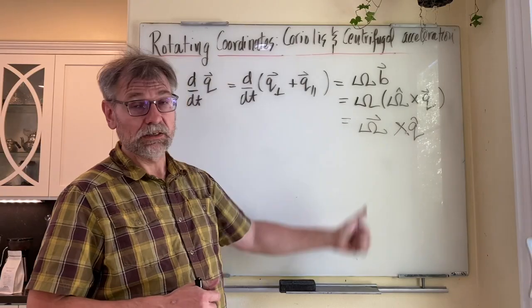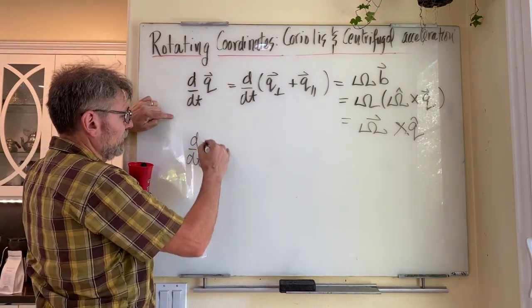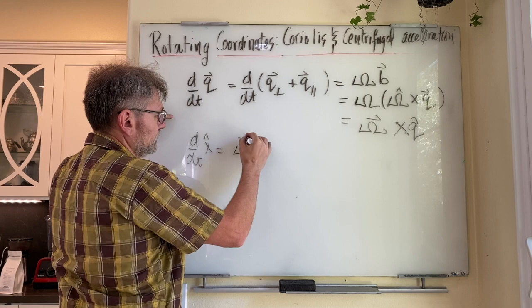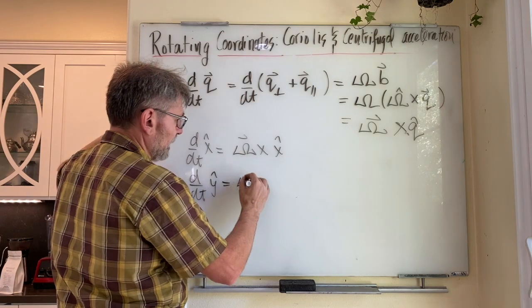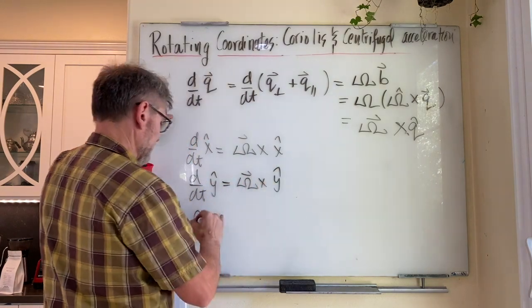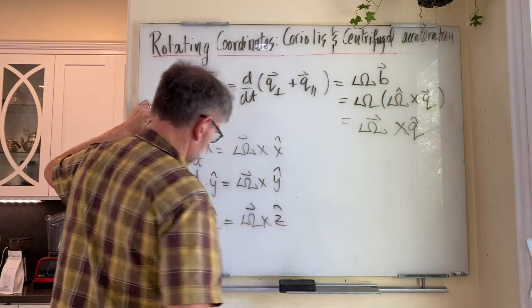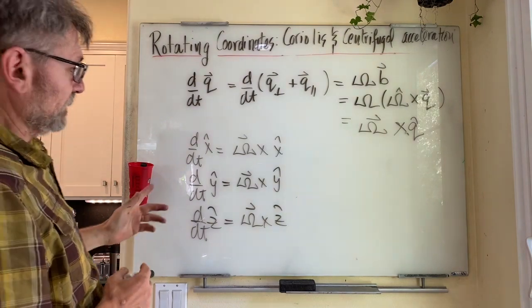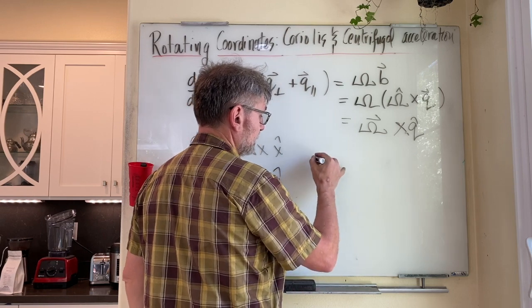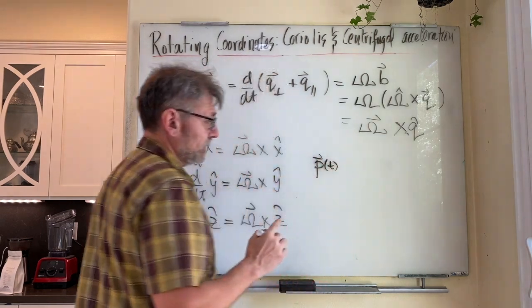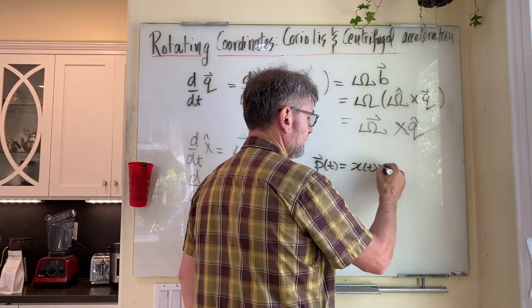All right, use this rule to find the derivative of my coordinate vectors. So d by dt of x hat is going to be omega cross x hat. And d by dt of y hat is going to be omega cross y hat. And d by dt of z hat, you guessed it, is omega cross z hat. So that's convenient, because now if I pick an arbitrary vector p and make it a function of time, even in the rotating coordinate frame, I can describe it as x of t times x hat.